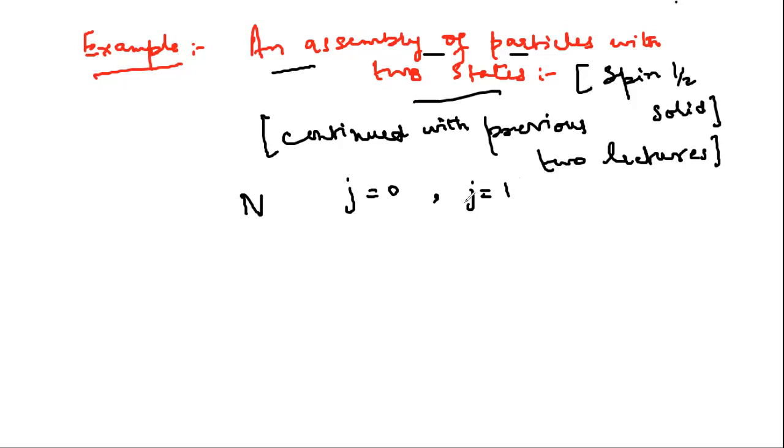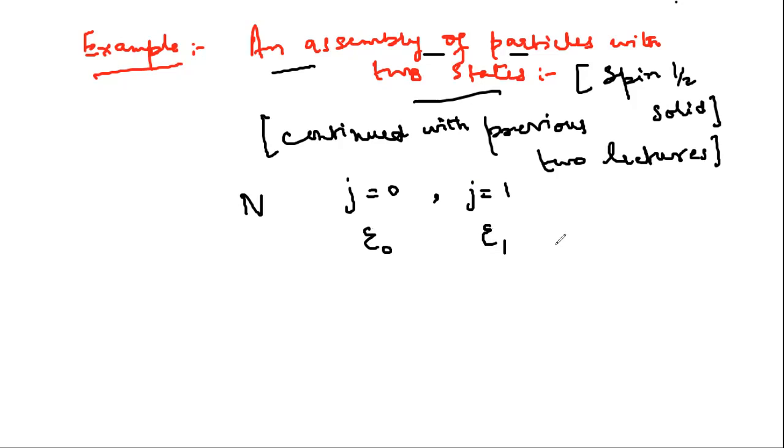In the first state, epsilon naught is the energy, and in the J equal to 1 state, the energy of the particle is epsilon 1.